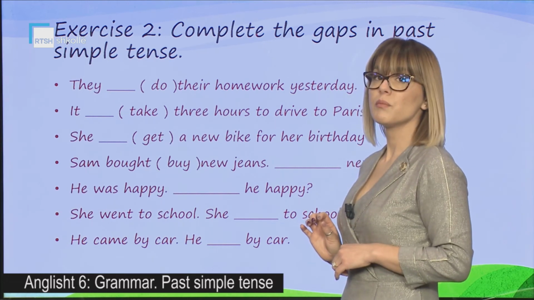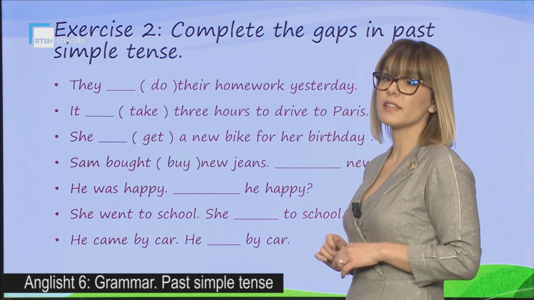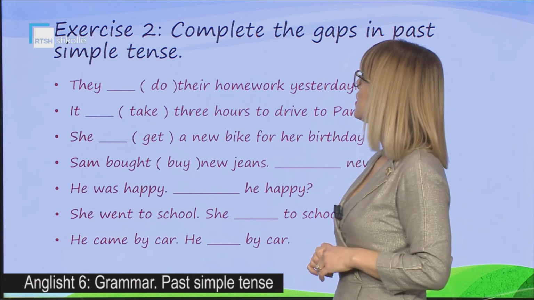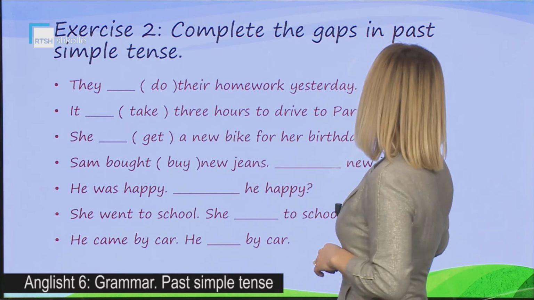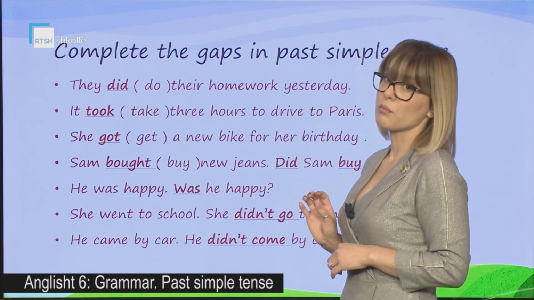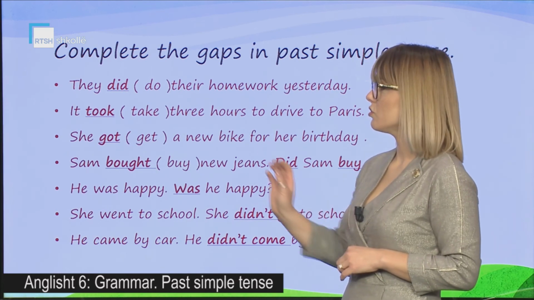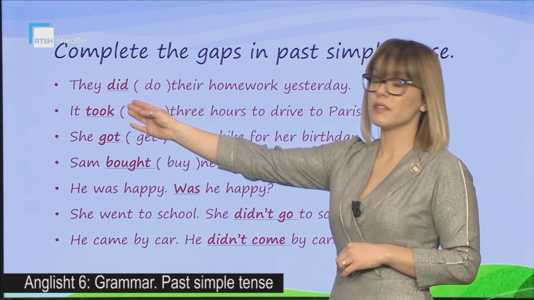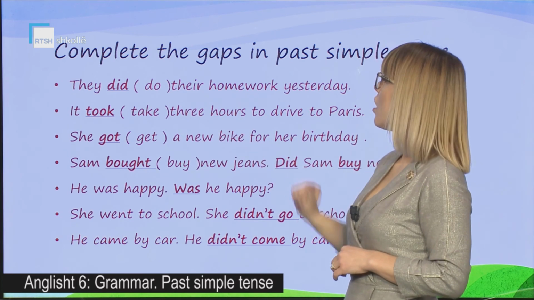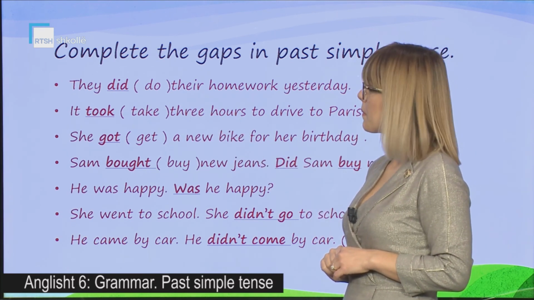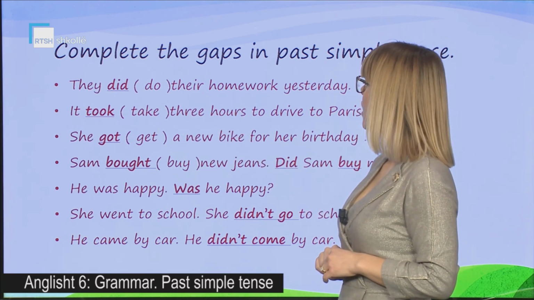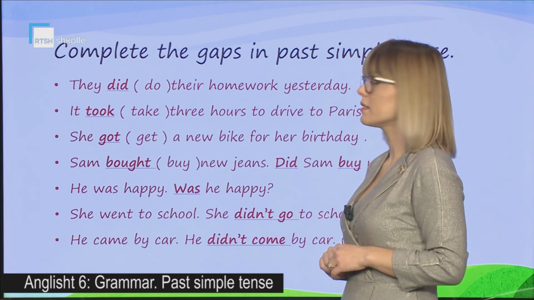Now, let's complete the exercise related to irregular verbs. We have the verb do in the present simple, which in past simple is did. They did their homework yesterday. It took 3 hours to drive to Paris.